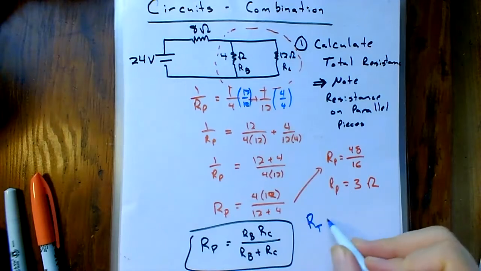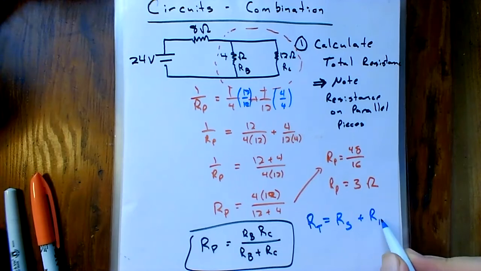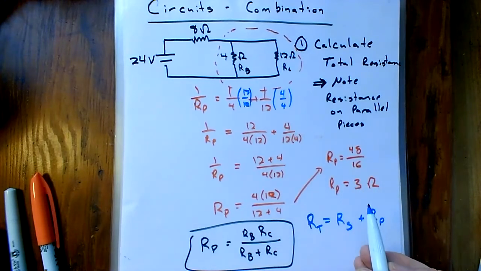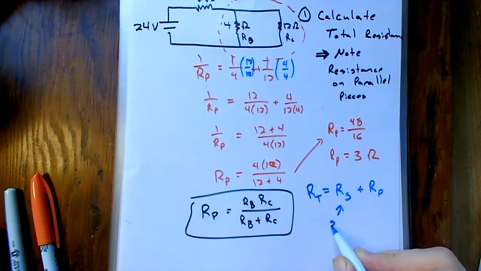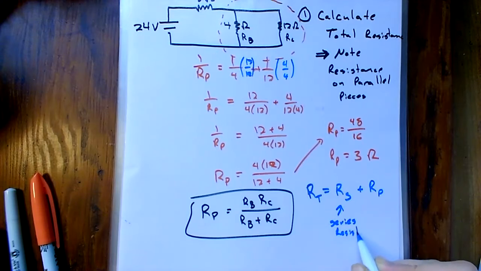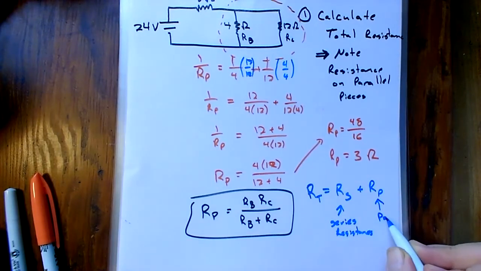is going to be what I have in series plus what I have in parallel. And if I've got more than one parallel piece, then we'll have to add those up separately. So this is my series resistance plus my parallel resistance.